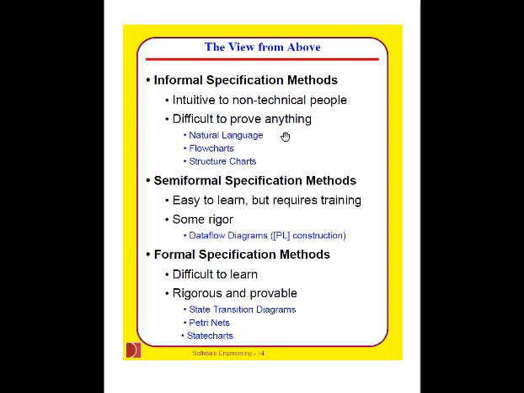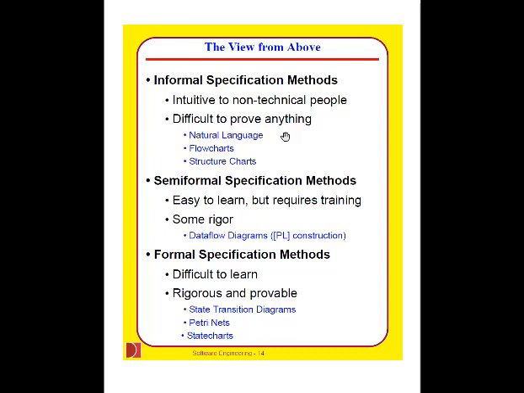There are things that are semi-formal specification methods. These too are easy to learn. They do require some training. They're not quite as natural as natural language, which of course is just using spoken language or written language, and flowcharts. These things are natural and easy to use. But the semi-formal methods provide some rigor.